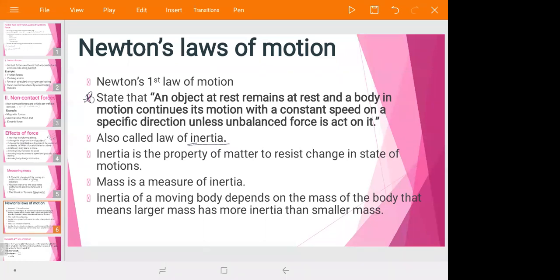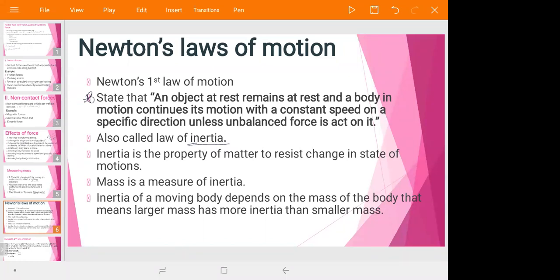For example, take a moving car and a moving ball. If you want to stop their motion by applying a force, which one is easier to stop?